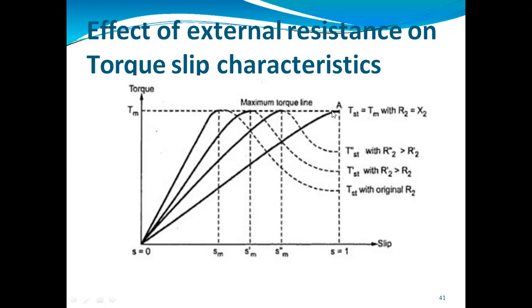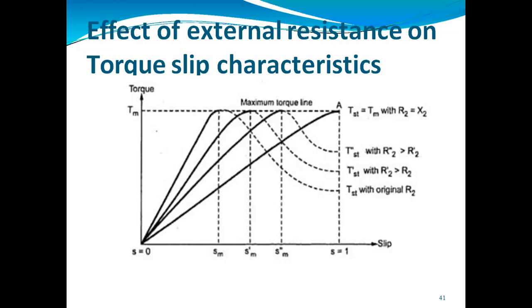So we can say, when we have a larger number of steps of external resistance, you will get smoother speed characteristics. If we are increasing the value of external resistance, the speed control will be smoother, with larger starting torque, lower starting current, and large pull out torque.